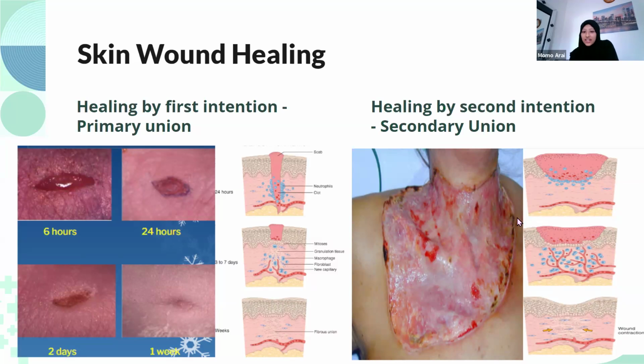Now, these are just some examples, like he's trying to show you the difference. Here, in first intention, primary union, you will see new tissue being formed with time. You have granulation tissue and it heals within a week, there's not that much damage here. You can correlate that to this one.